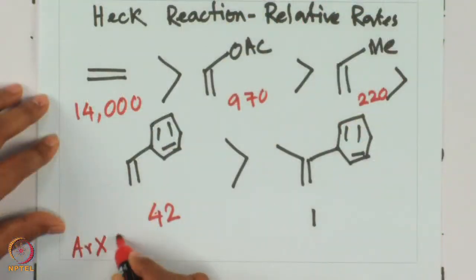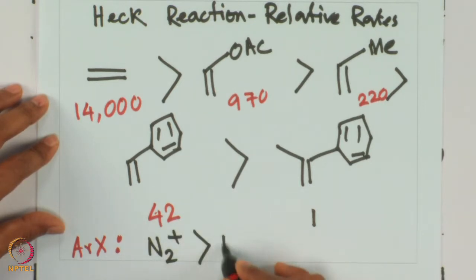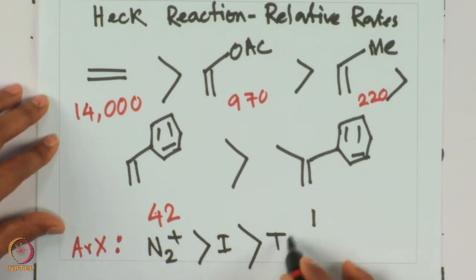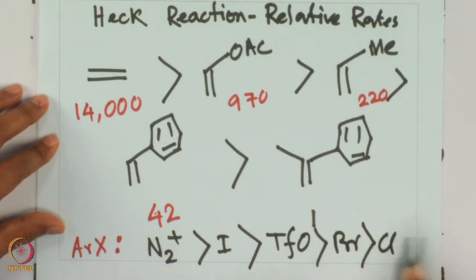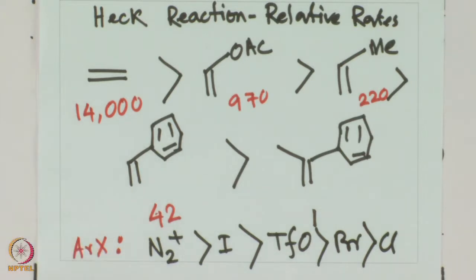With respect to aryl halide, or ArX for example, what we see is diazonium salts are most reactive, then iodo, then triflate, and then bromo, and then chloro. Okay. Now, of course, this is quite what we would expect, similar to what we have seen also in the oxidative addition pattern.